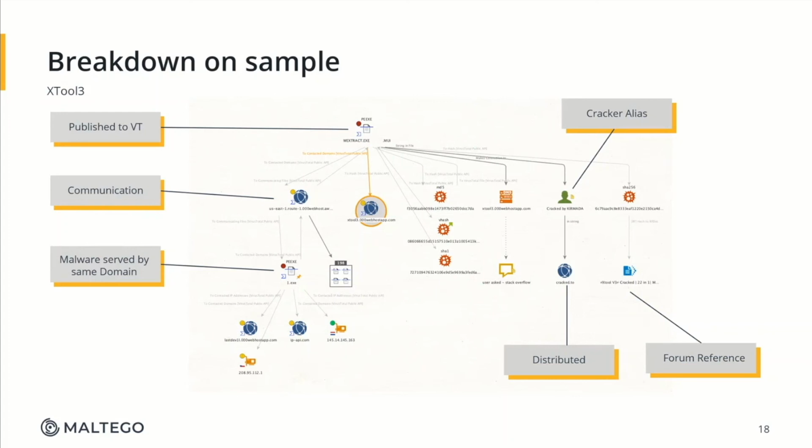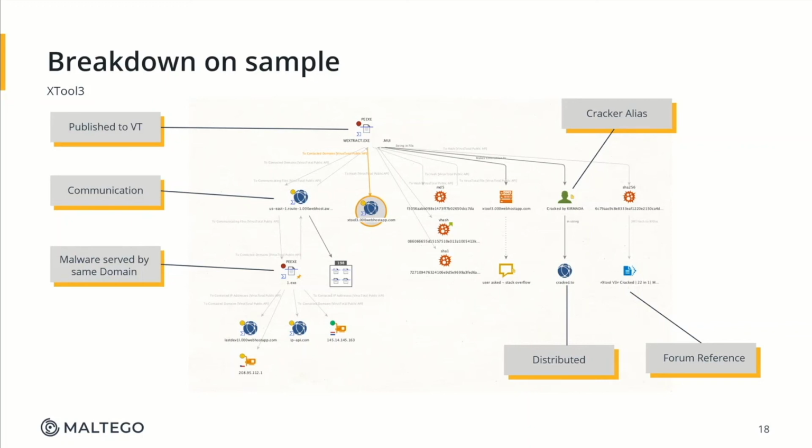Also, we found that this tool makes communication to different domains. Unfortunately, during our investigation, the domains were not available, but we can see in the history that this domain has also served some other malware samples, which are tracked by VirusTotal.